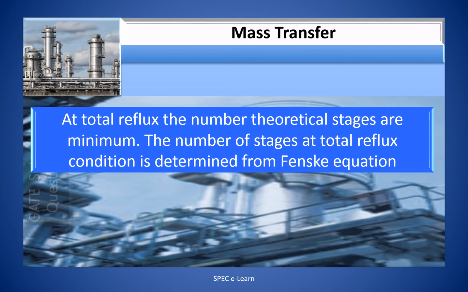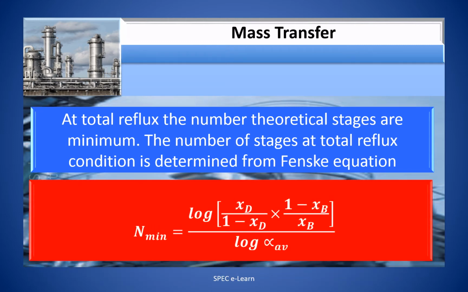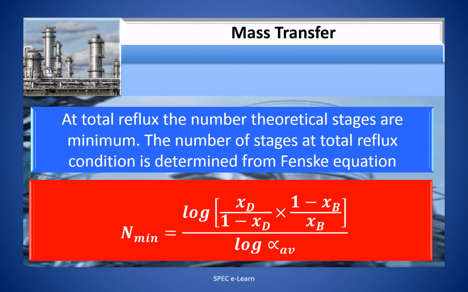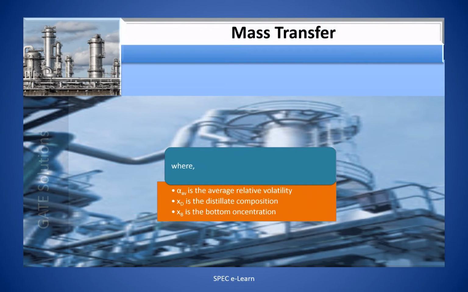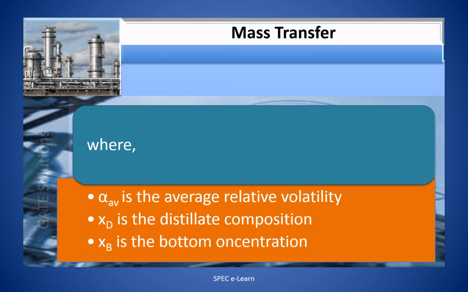At total reflux, the number of theoretical stages is minimum. The number of stages at total reflux condition is determined from the Fenske equation: N_m equal to log of x_t divided by 1 minus x_t times 1 minus x_b divided by x_b, the whole divided by log alpha average, where alpha average is the average relative volatility, x_t is the distillate composition, x_b is the bottom concentration.